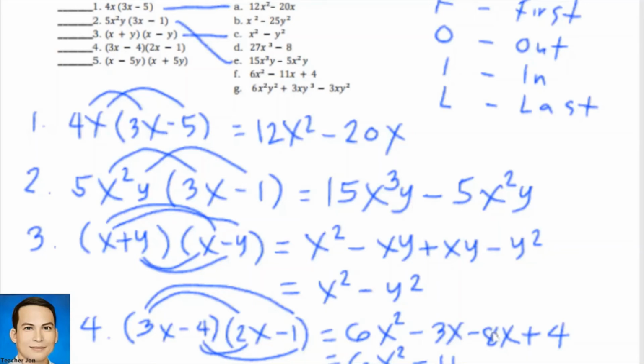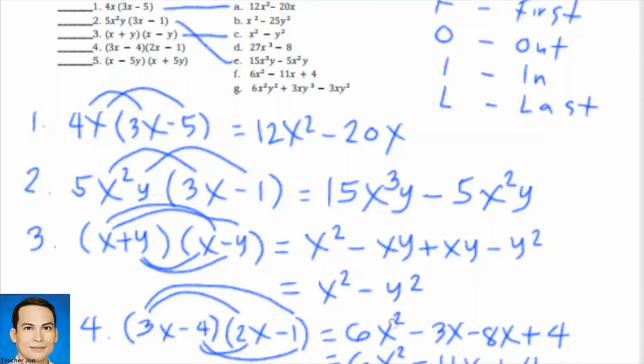In adding terms, the common variables are just written as they are. Then copy plus 4. Now this is our solution, the product of our binomial to another binomial.